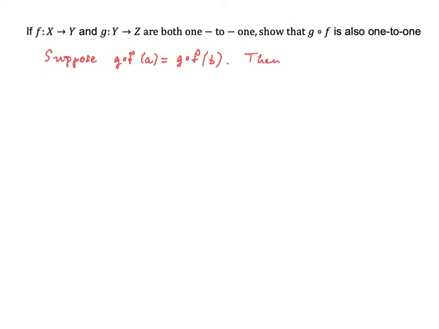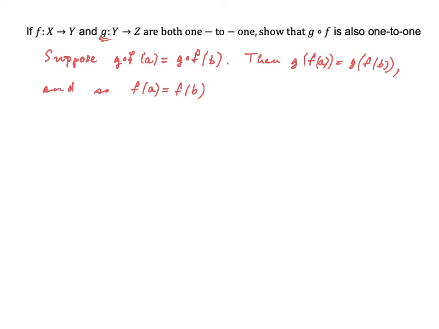So what does this mean? This means that g of f of a is equal to g of f of b. And so f of a must be equal to f of b because we know that g is a one-to-one function, right?